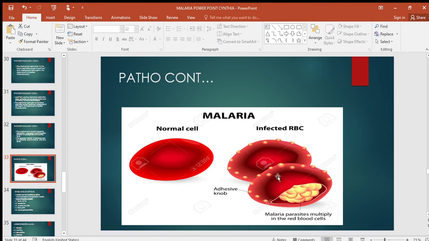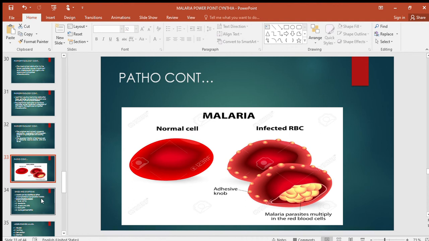And when there is mechanical obstruction, there is release of the cytokines because the body cells are not receiving adequate oxygenation and nutrition, so inflammation will start to occur. This is what is happening.